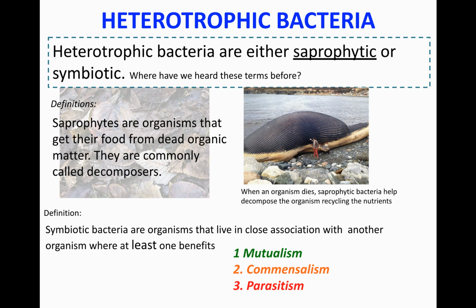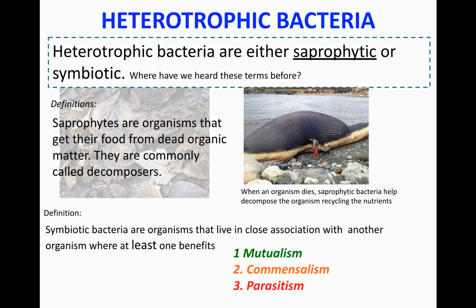A perfect example of that would be gut bacteria. Gut bacteria in our large intestine produce vitamin B and K for us, but we also provide them with a habitat where they are living, and we provide them with food because they are breaking down things like fiber. So that would be a mutualistic relationship where both organisms benefit.